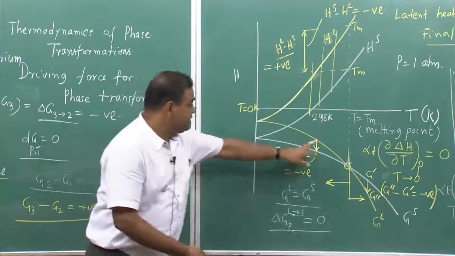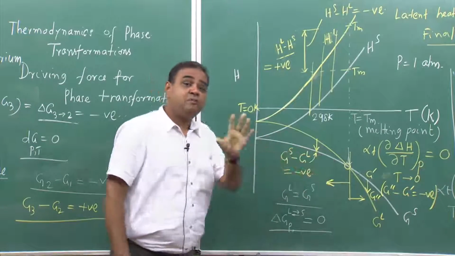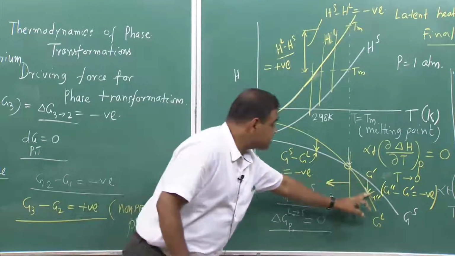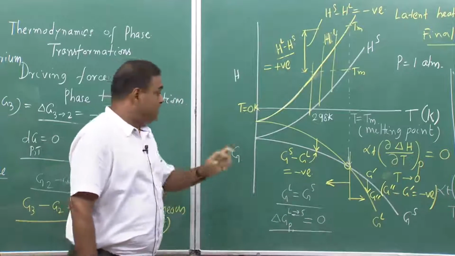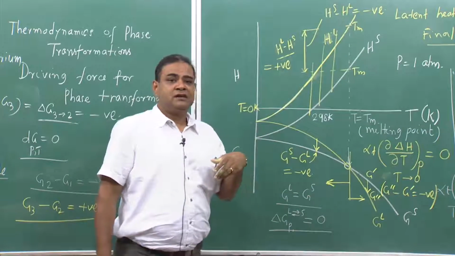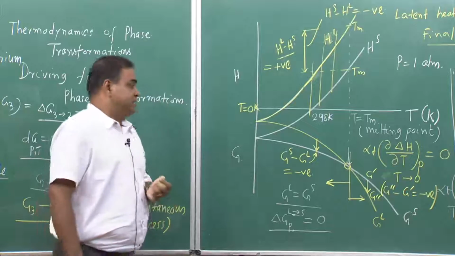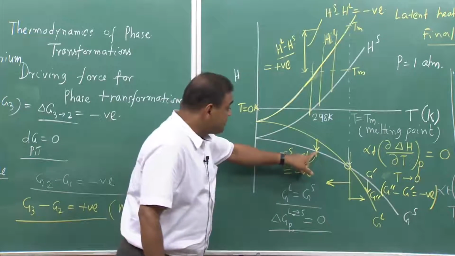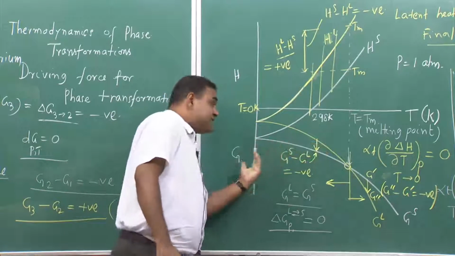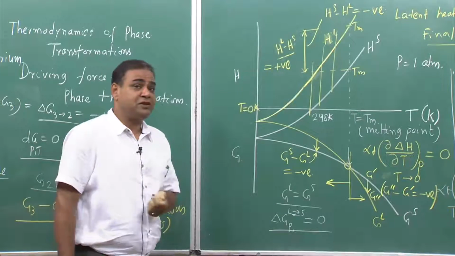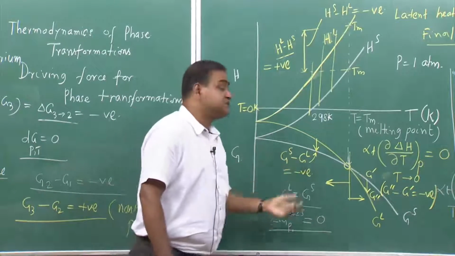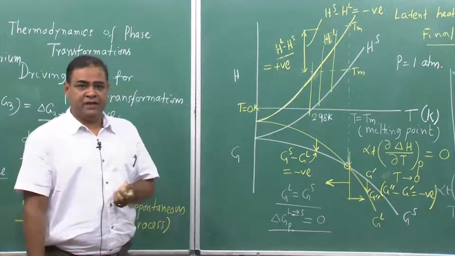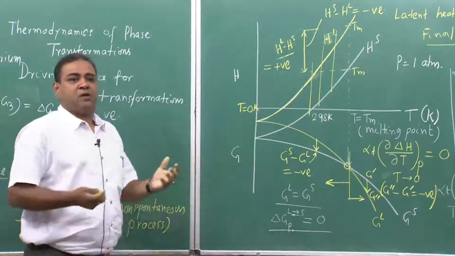That means this transformation is possible wherever I see a decrease in free energy. But from liquid to solid, at temperature less than Tm, is not a spontaneous process, because at that time the free energy change is a positive quantity. So, on its own it cannot transform.